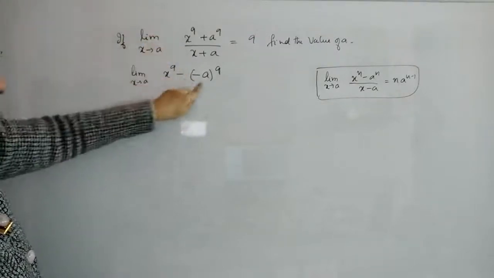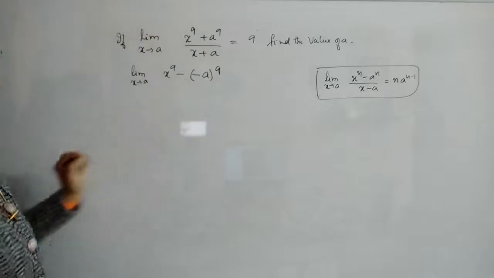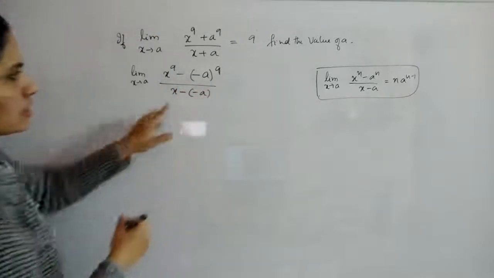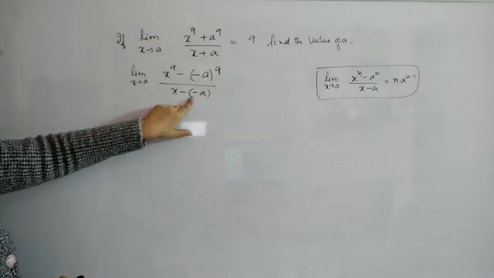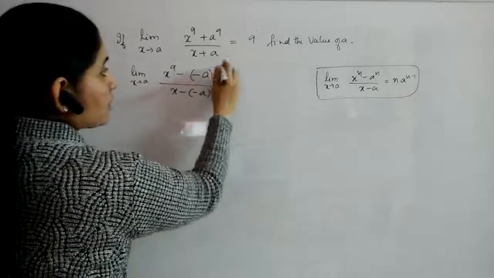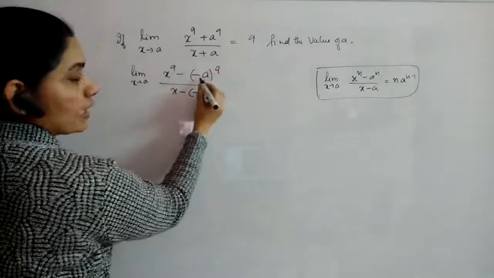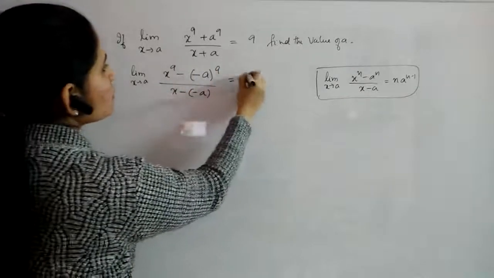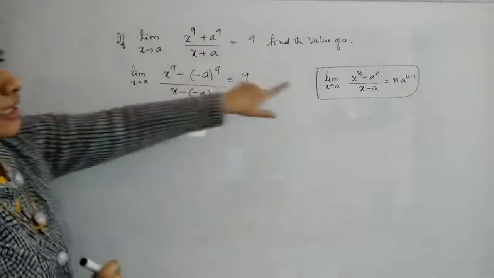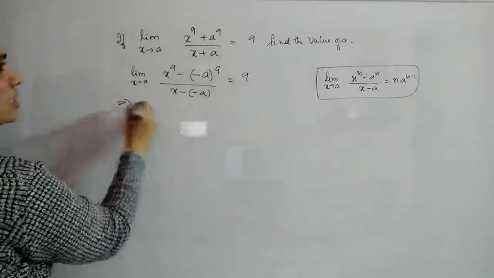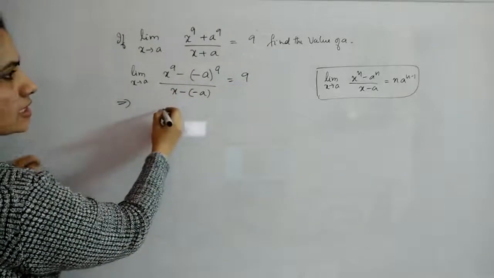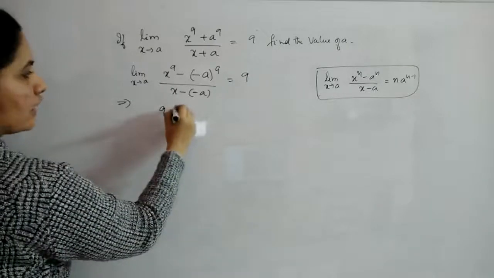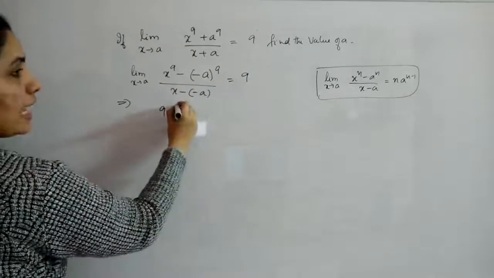So the question is not changed. We have just adjusted it in such a manner so that we can apply the property. Again, this is minus of minus a, so that it is again x plus a. Understood? Because it is an odd power, you can write like this. If it was even, you cannot do it like this. Equal to 9 is given. Now you can apply that property and find out what a is. Instead of n you have 9 here, instead of a, n minus 1.